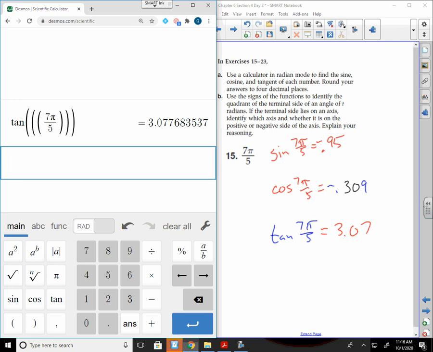It says use the signs of the functions to identify the quadrant of the terminal side of an angle of t radians. If the terminal side lies on an axis, identify which axis and whether it is on the positive or negative side of the axis. Explain your reasoning.